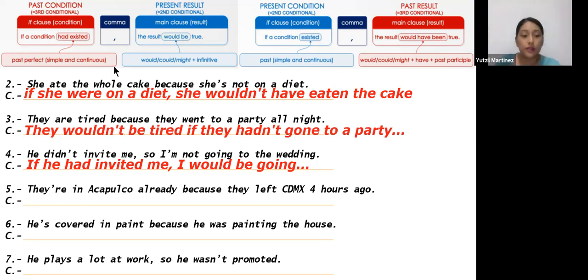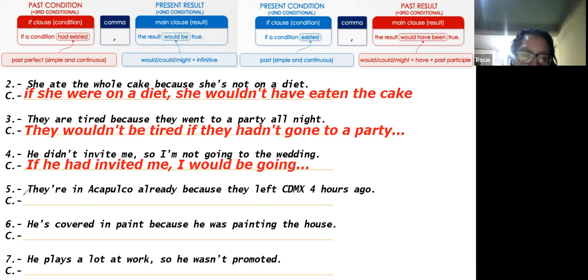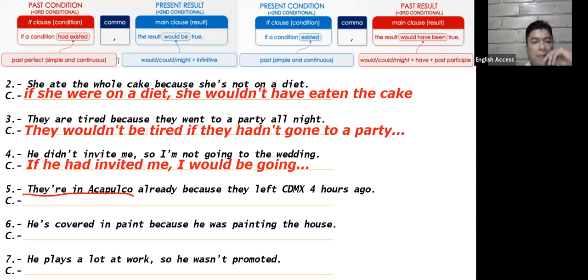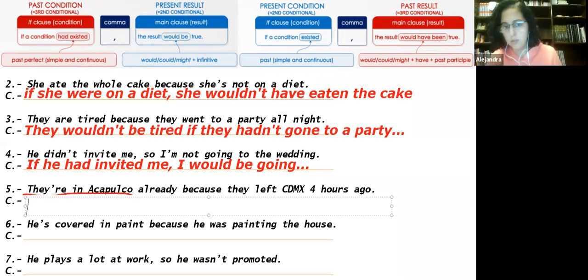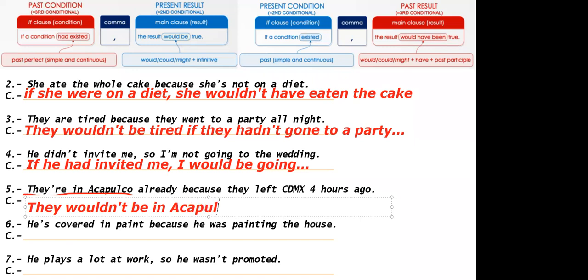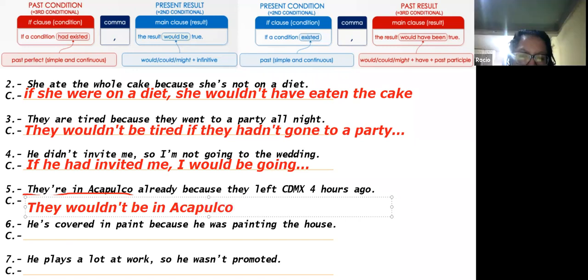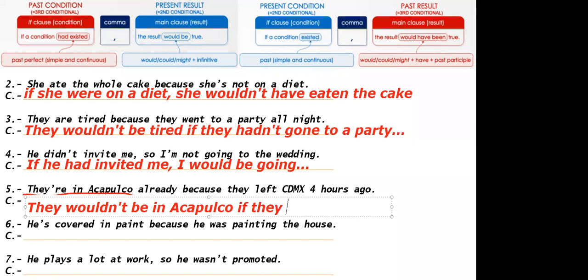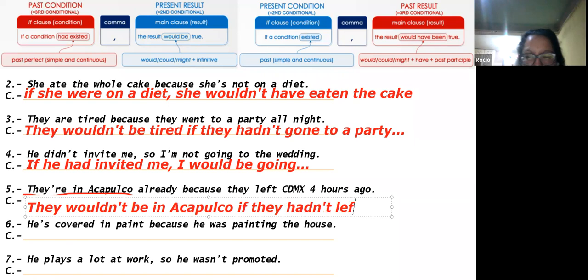And the result is they're here in Acapulco. How do I say that in my hypothetical sentence? They wouldn't be in Acapulco already if they hadn't left CDMX.